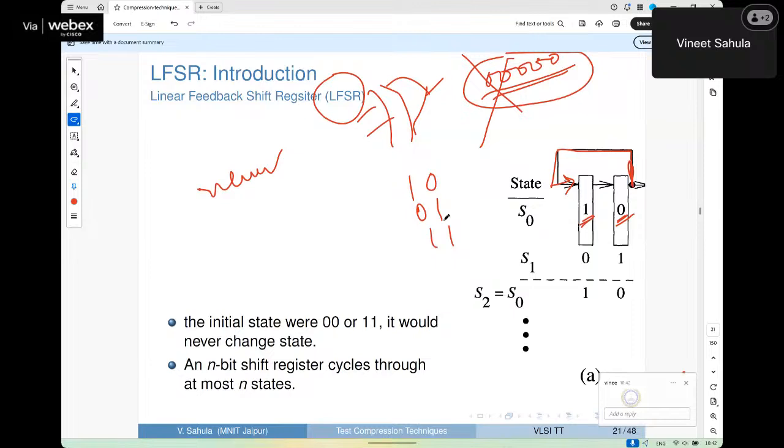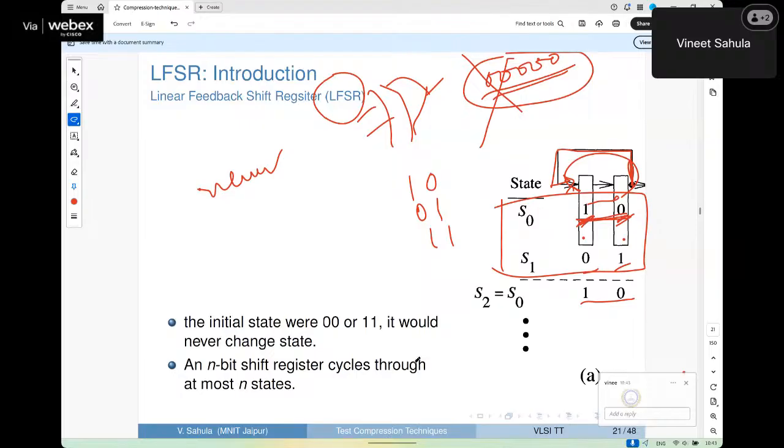If we have the initial pattern as 1, 0 here, what will happen? These two are D flip-flops. One clock further, this 0 will shift here, this 1 will shift here. So the next state is the pattern 0, 1. The next clock will come back to the same initial state. So we have two states only. The periodicity is two states or two clocks.